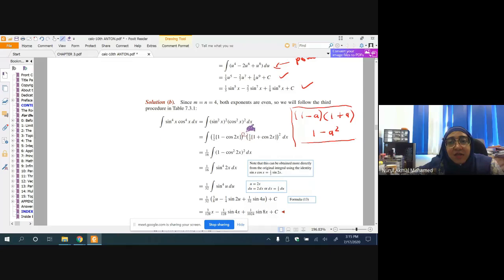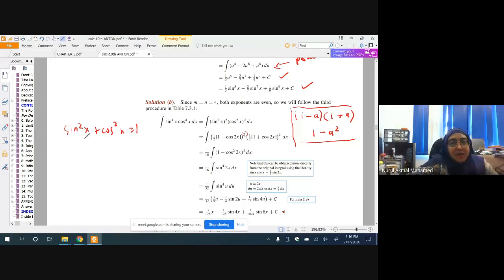The 2 stays because we don't involve the power while multiplying. And then you use this formula here: 1 minus cos squared 2x, which comes from the identity sine squared x plus cos squared x equal to 1.